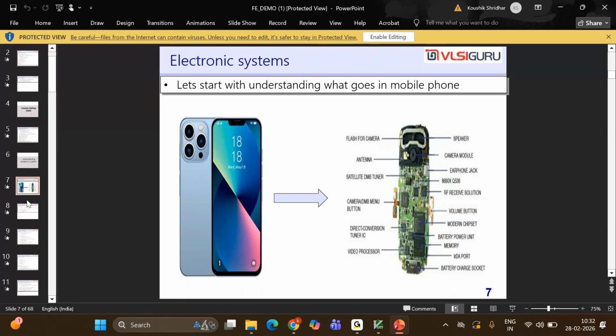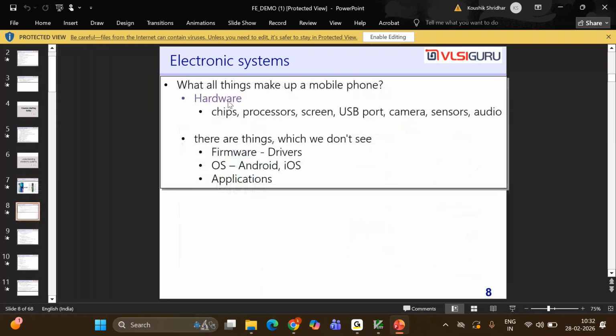So what all things make up a mobile phone? Hardware. Whatever you see is called hardware: chips, processors, screen, USB port, camera, sensors, audio ports. All those are hardware. Display modules too, the display in your mobile phone is hardware.